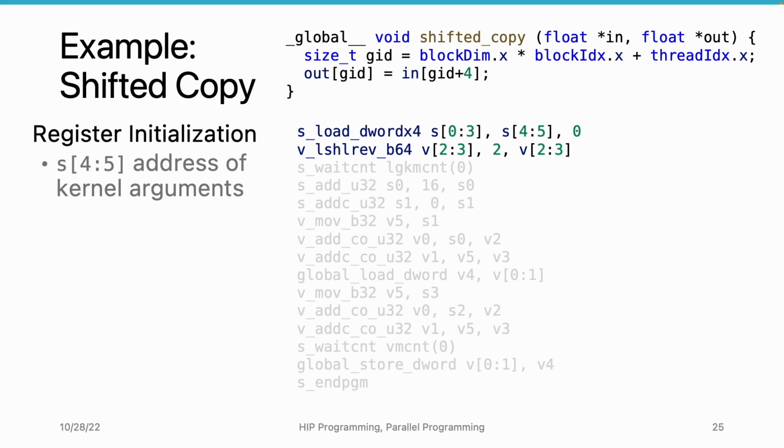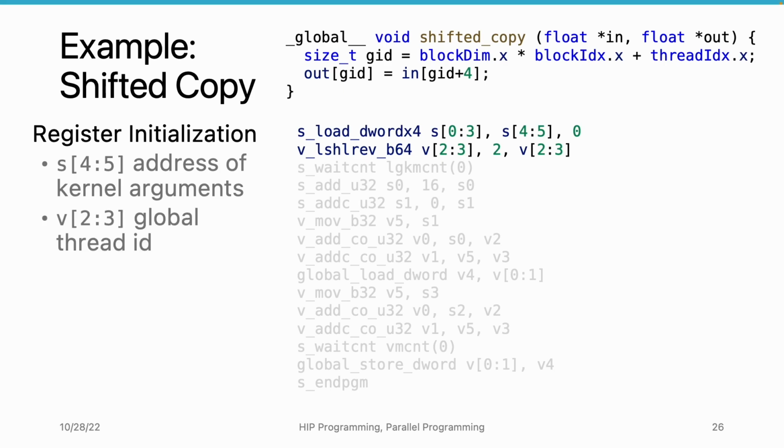But while we're loading at the beginning, we have to have this S4 and 5 pre-initialized that stores some value. Here, S4 and 5 stores the address of the kernel arguments. That is the in pointer and the out pointer. And the in pointer is stored in S0 and 1. The output pointer is stored in S2 and 3.